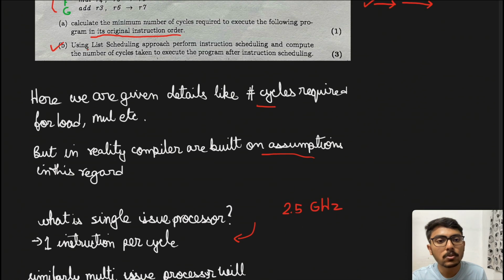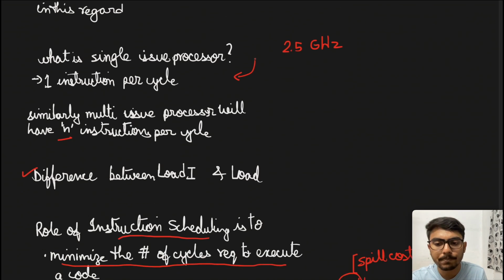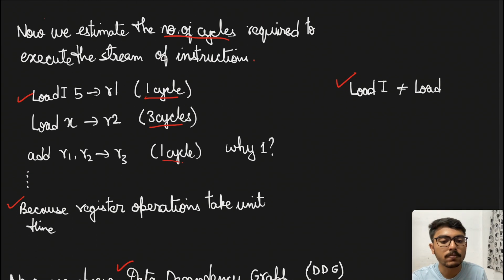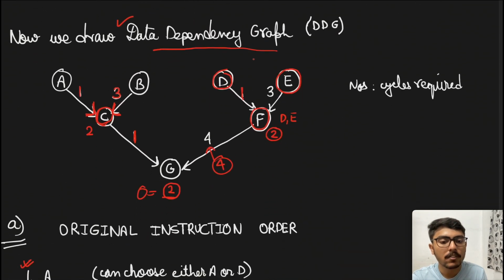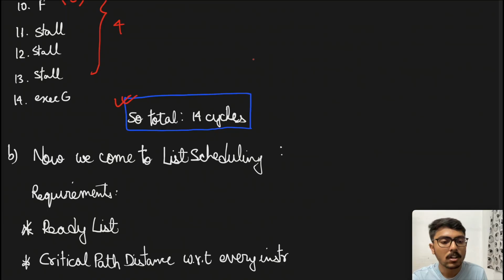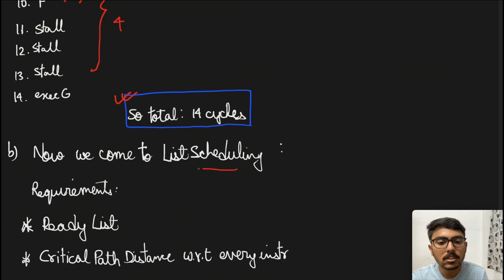This is using the list scheduling approach: perform instruction scheduling and compute the number of cycles taken to execute the program after instruction scheduling. So we'll have a look at how we will do that. List scheduling, as the name suggests, is a scheduling algorithm that is based upon some lists, right?